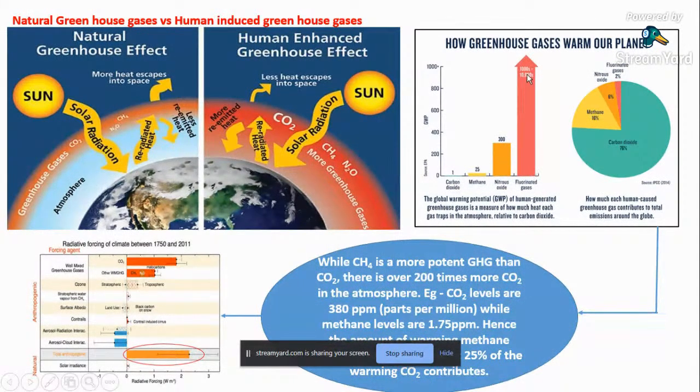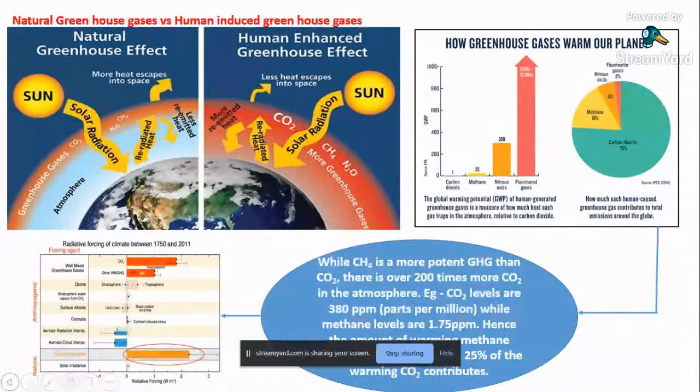Other gases affect more than 1,000 times the carbon dioxide, but their abundance in the atmosphere is very less. Thus, CO2 is major, and mostly people study CO2. Water vapor is also very important, but it is highly dynamic, and it is very tough to measure its concentration at a particular time and space.